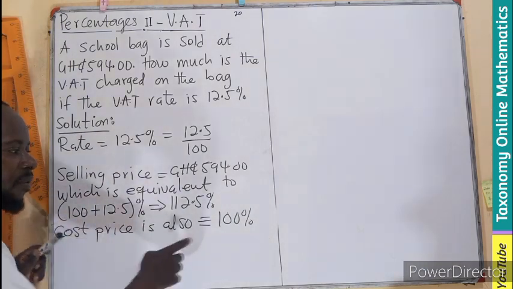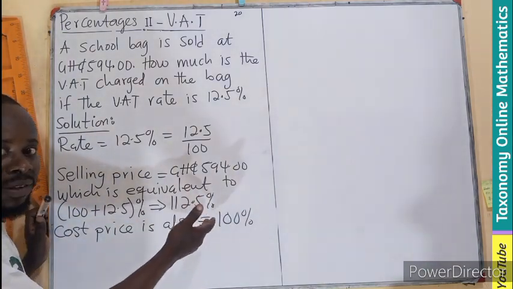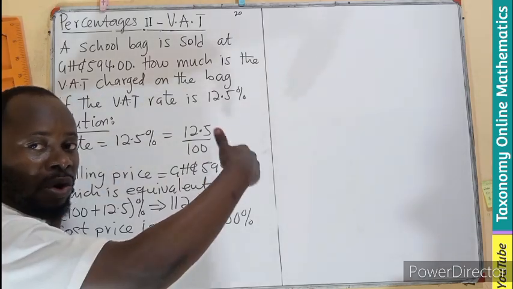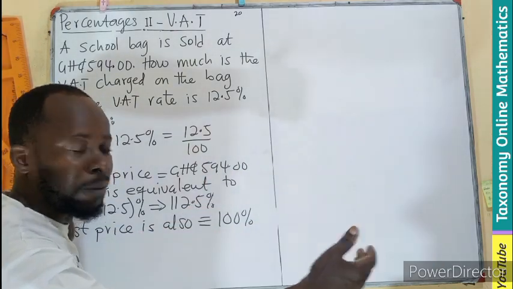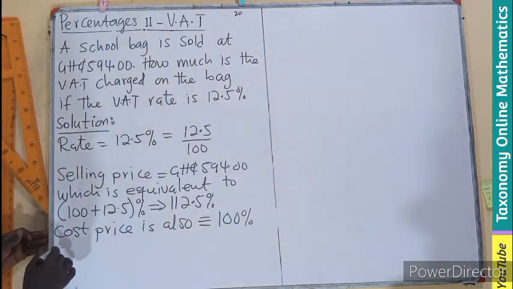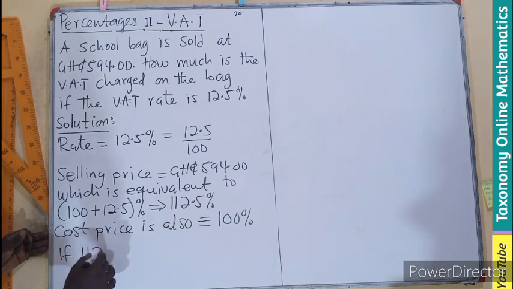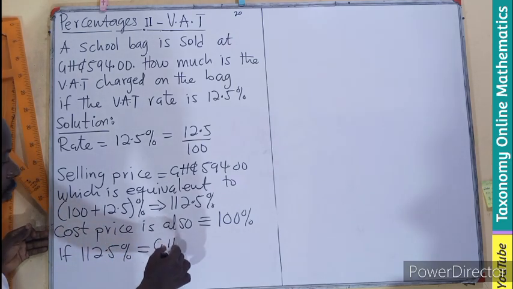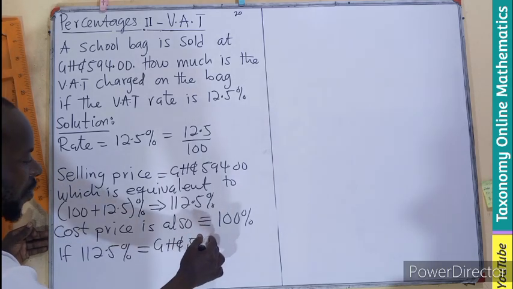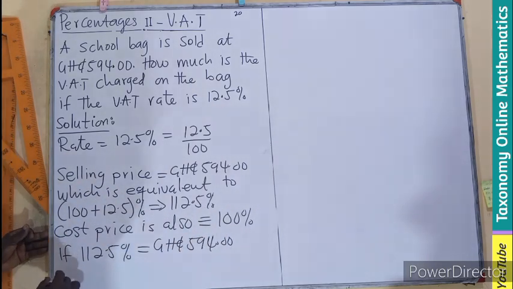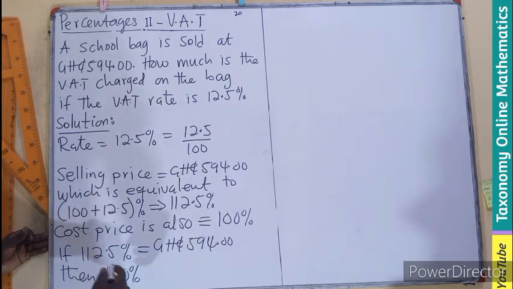So this percentage comparison, we are looking for its corresponding value in terms of money. So I will say that if 112.5% gives us a value of 594 Ghana cedis, then we expect that 100%, which corresponds to the cost price, will give us a value that is less than 594.